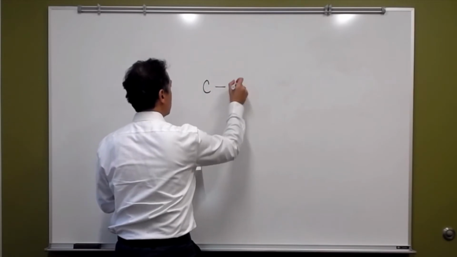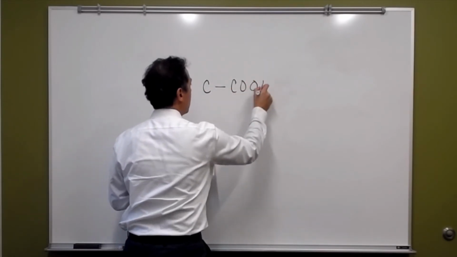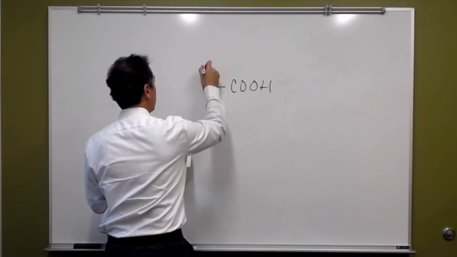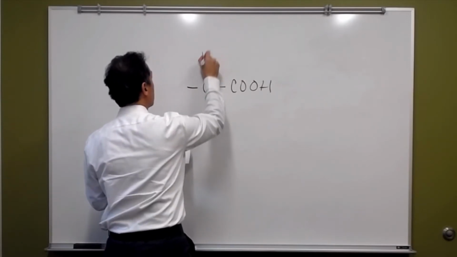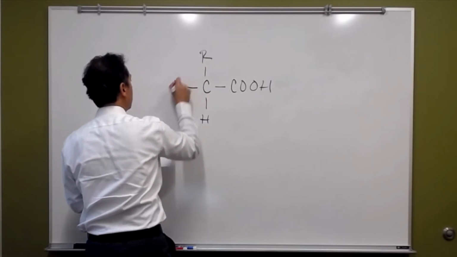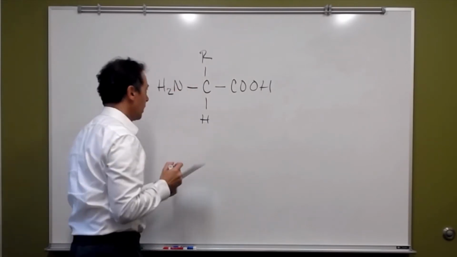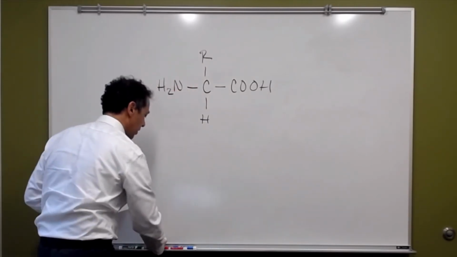Central carbon here, COOH, like this, and then like this here, we'll put R, and then H2. Now, the different parts of this here.